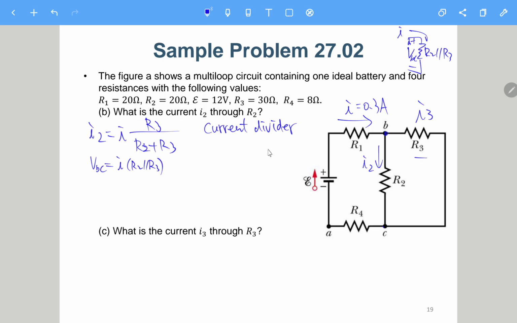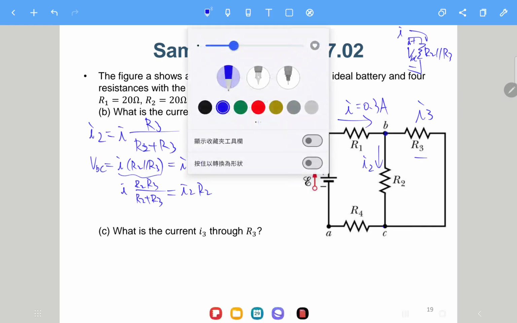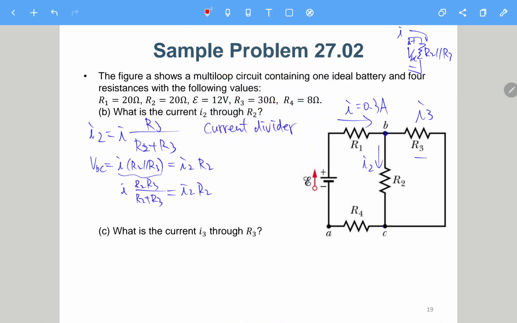And then considering here, VBC will be I2 times R2. So we can write I times R2 R3 over R2 plus R3 equals I2 R2. We can do the cancellation here: R2 and R2 cancel each other. So finally we get I2 to be I times R3 over R2 plus R3, which is actually this one.